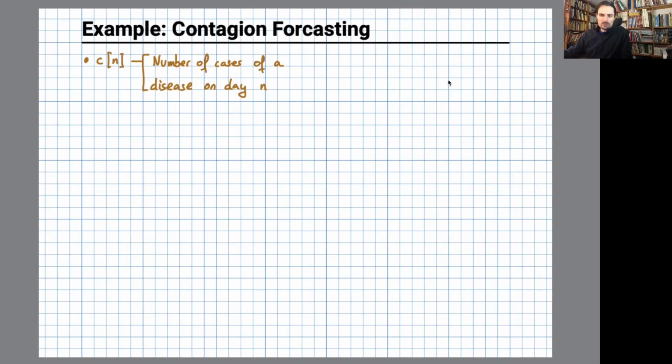Let us apply what we have learned to a problem that we are all familiar with, which is the prediction of the number of cases of a contagious disease in the future. This will be a simplified version of the tools that are applied to predict the number of cases of COVID-19, for example. So let C[n] denote the number of cases of a certain disease on the nth day.